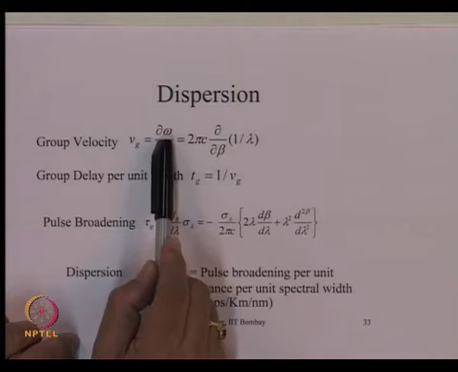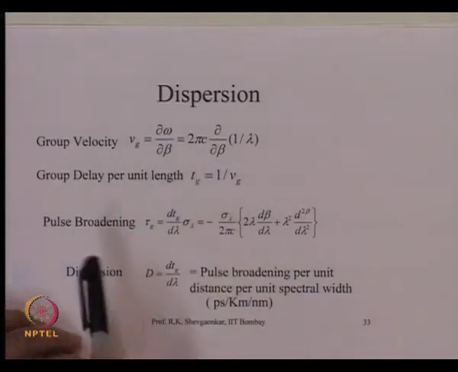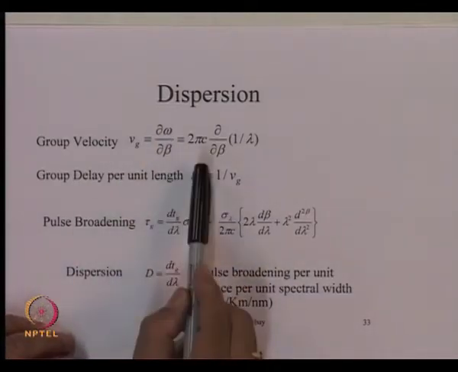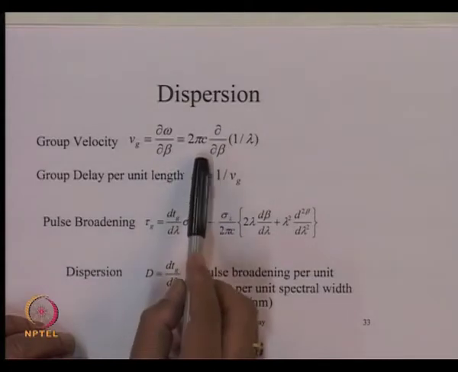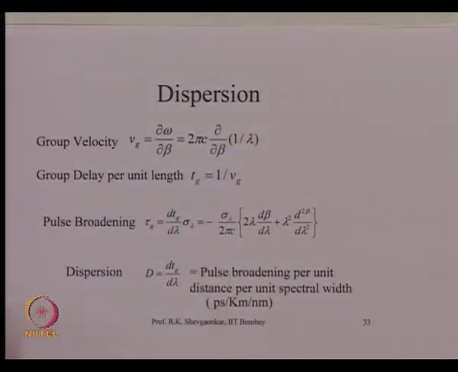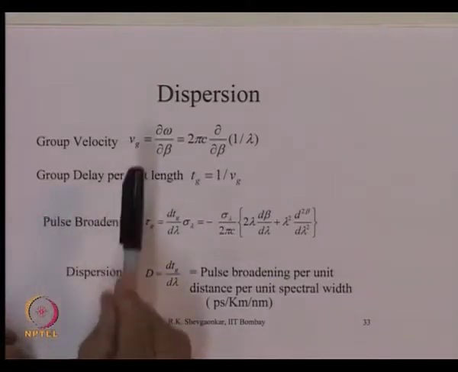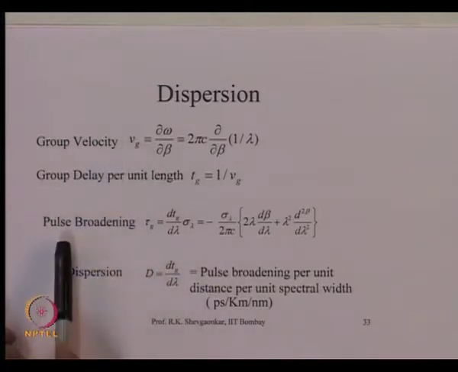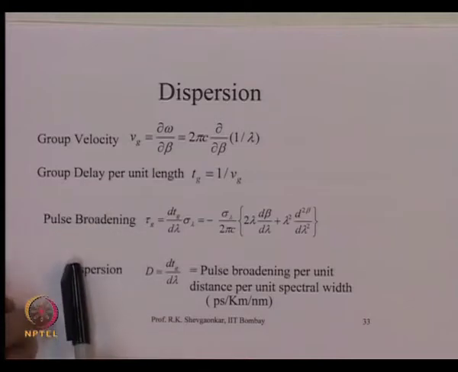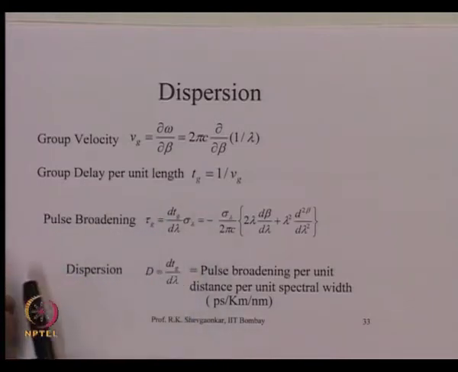We can write for omega, which is 2 pi into frequency, and frequency can be written as velocity divided by wavelength. So, we can write 2 pi c, where c is the velocity of light, d by d beta of 1 upon lambda. So, we can write what is called the group delay per unit length, which is nothing but the inverse of the group velocity. Then we can write the pulse broadening, which is dTg by d lambda.